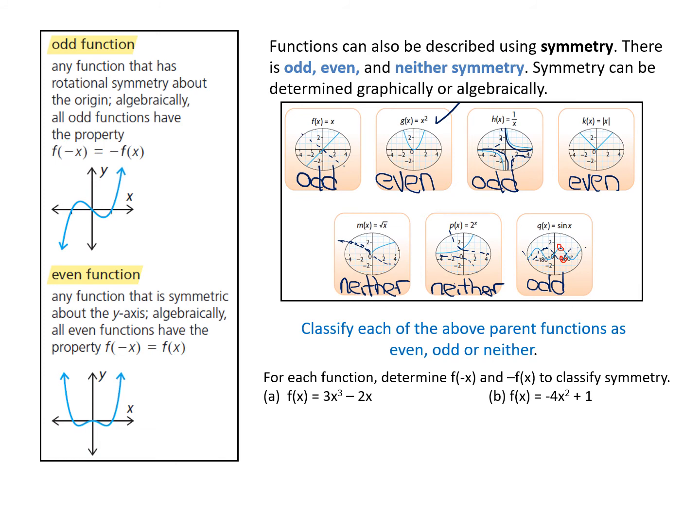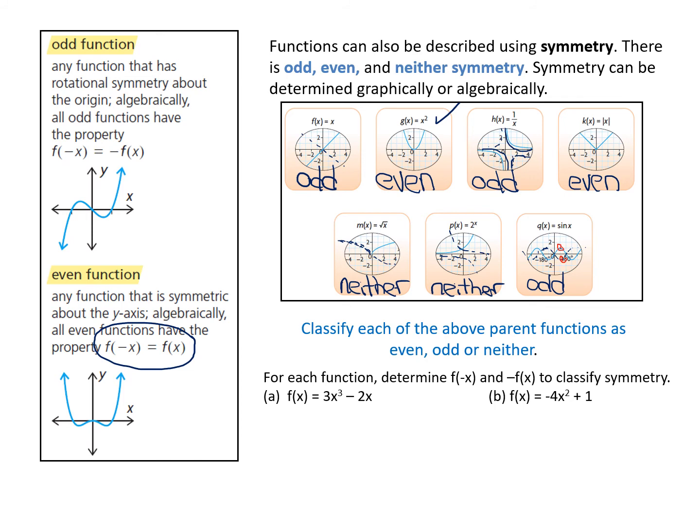For each function, now we're going to solve this algebraically. Determine f at negative x and negative f at x. We're going to always look for even symmetry first. It's an easier one.